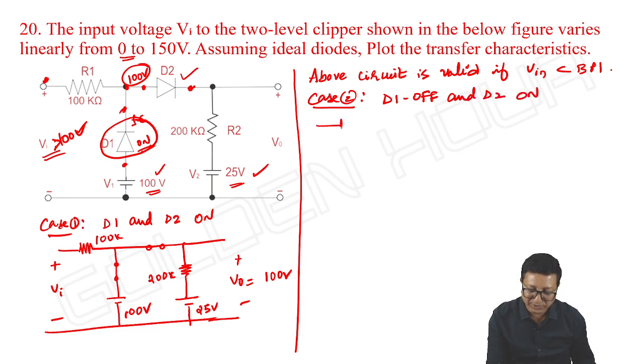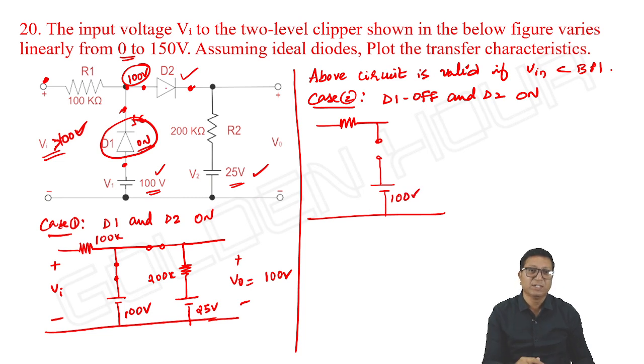So in the equivalent circuit, you are applying a voltage more than 100 volts. Initially, for D2 to conduct, the voltage V1 is responsible. But if the input is greater than the breakpoint, even though D1 is off and V1 is nowhere connected to the anode of D2, D2 will be on due to V input, but not due to V1.